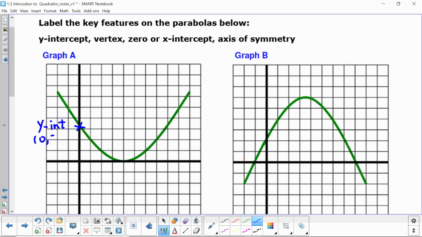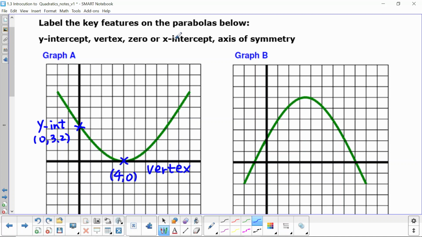So 0, 3.2. And the next one, the vertex, the highest or lowest point. This is the lowest point, and we label it 1, 2, 3, 4. So it's 4, 0. This is your vertex.